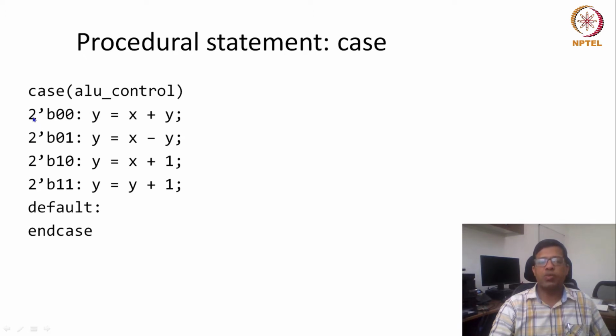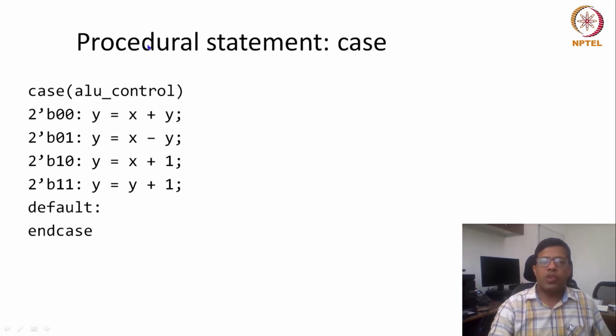These case items compare the value of this variable with all the values, and then we write the statements corresponding to that particular comparison. For example, here we are saying case ALU control. ALU control is a variable which is deciding our switch case.